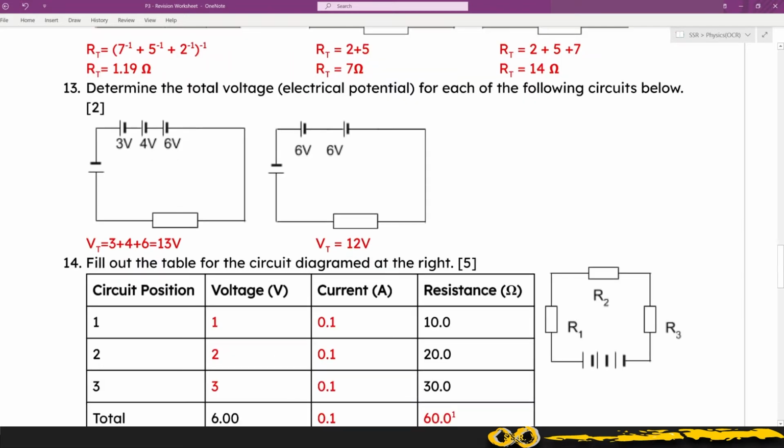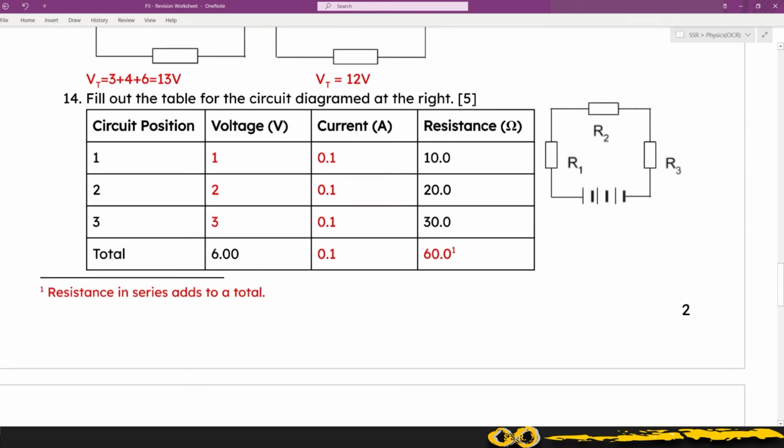When filling out one of these tables, remember to figure out which rule is applying properly. This is a series circuit, and so we can find a total resistance.